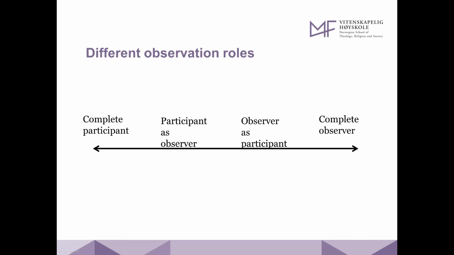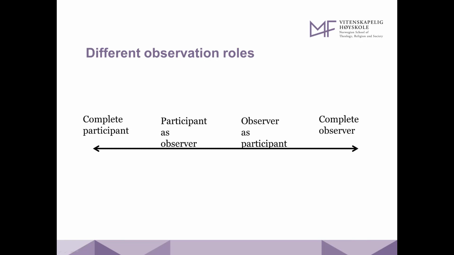In between these two points, we find two types of observation roles that are maybe the most common ones in qualitative observation. That is participant as observer and observer as participant. Participant as observer means that you're mainly a participant, but you're not a hidden participant. You're participating in the activities, but you're also observing.